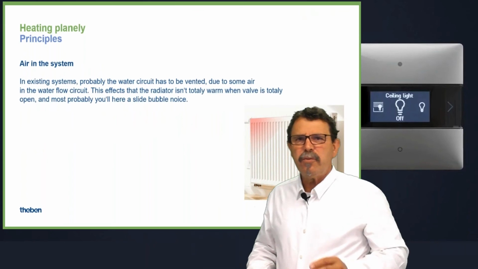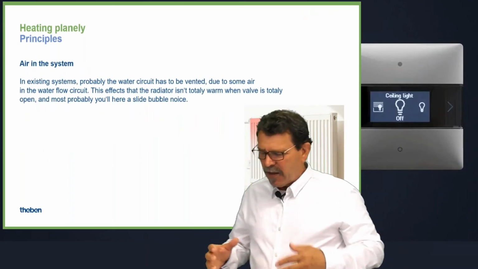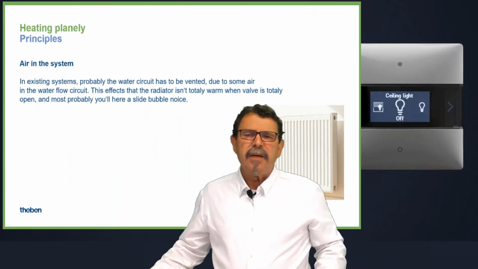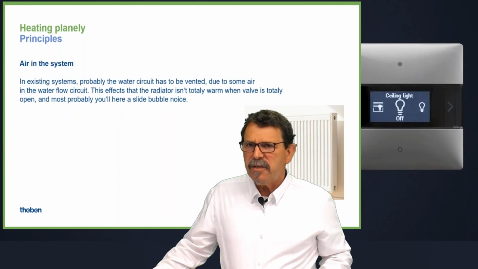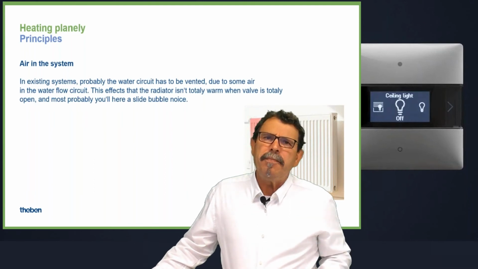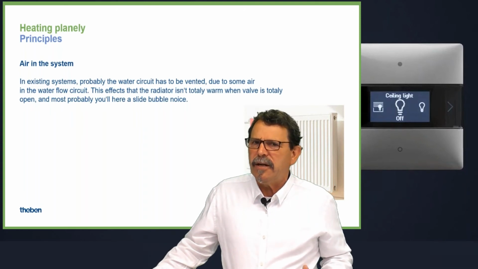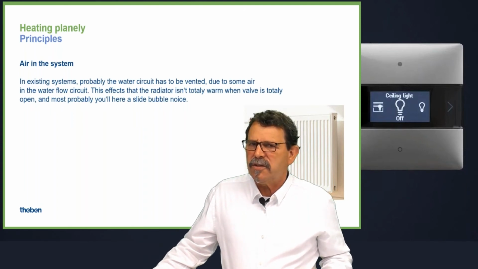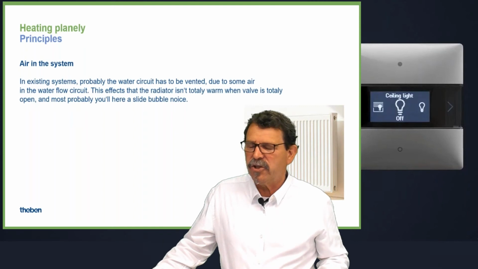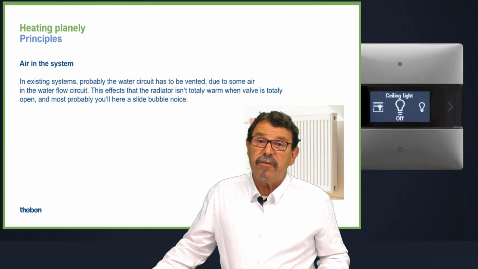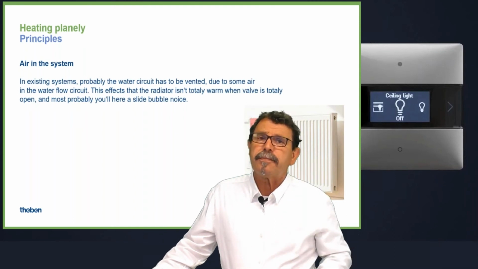And probably you will discover some noises in these heating systems, a kind of bubbling, and this is a typical indication that there is air in the heating system. Air heats up differently to warm water, or to water in general. Due to that, we have, first of all, bubbles, so a noise.